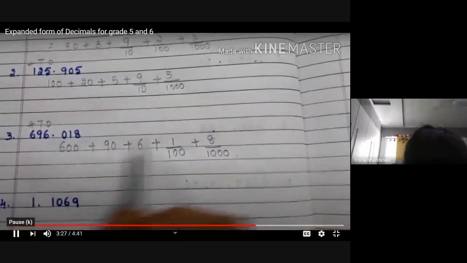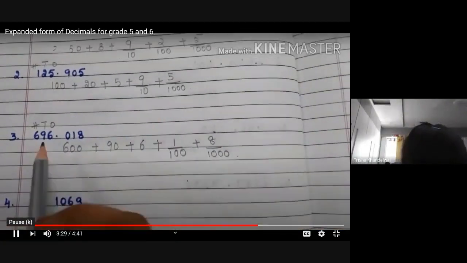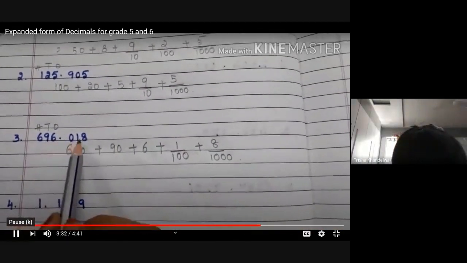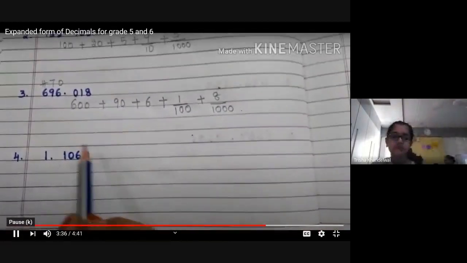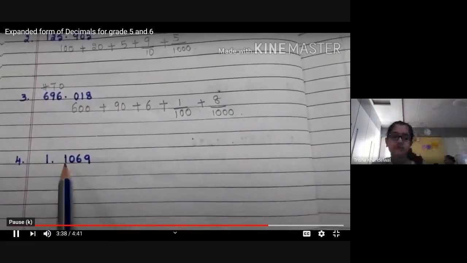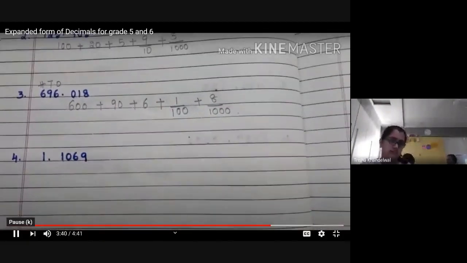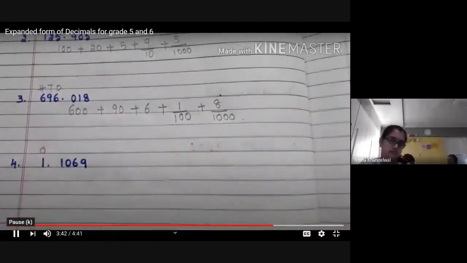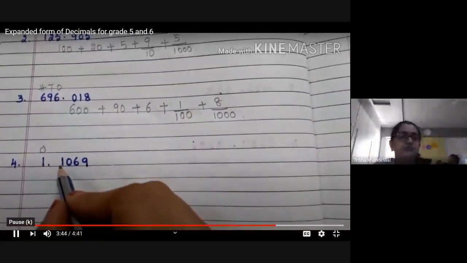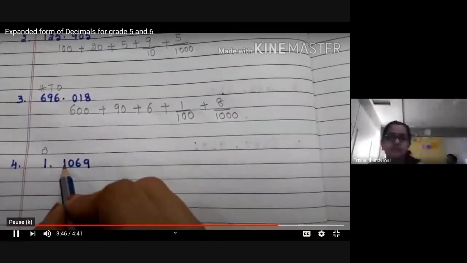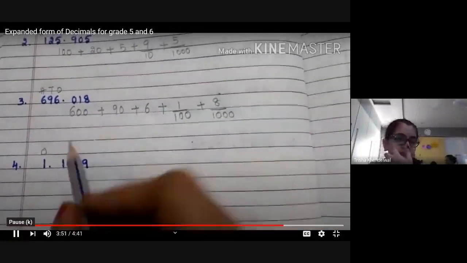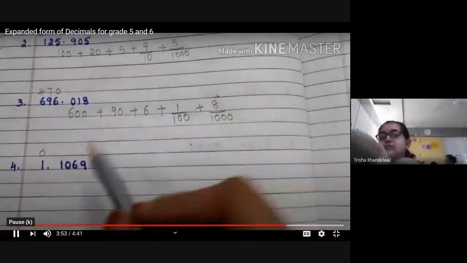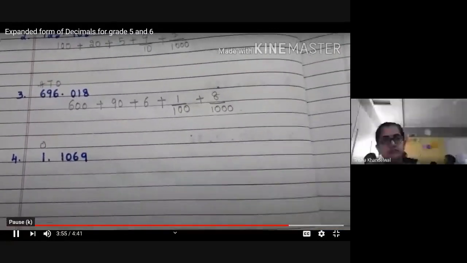Okay, this is the expanded form of the number 696.018. Okay, let us go to the last example. Here we have the decimal number 1.1069. Okay, 1 is in ones place. Now coming to the decimal part, this 1 is in tenths place, 0 is in hundredths place, 6 is in thousandths place, 9 is in ten-thousandths place, right?